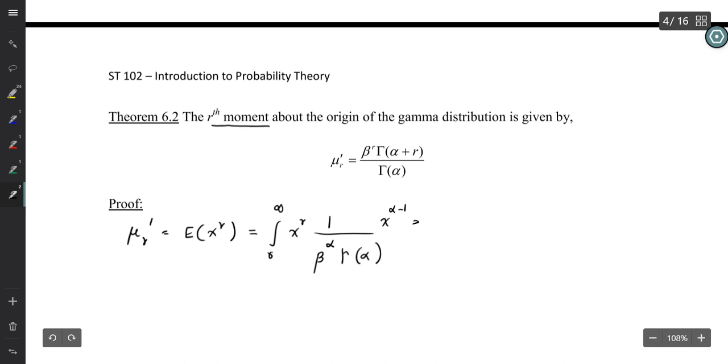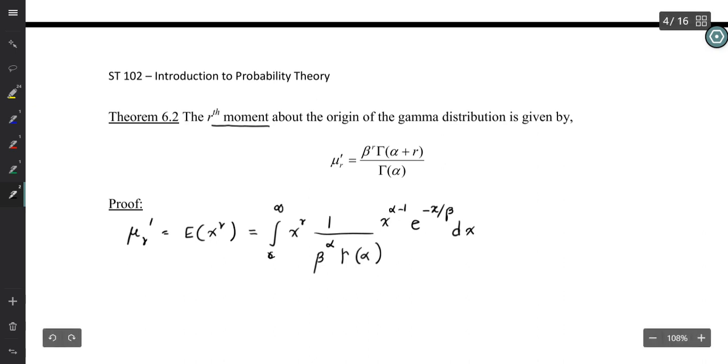Again, you are not required to memorize this. But if you specialize in statistics, 300 level, 400 level, you will see this function a lot, and eventually you will memorize it. But we do not ask you to memorize them in 100 level.